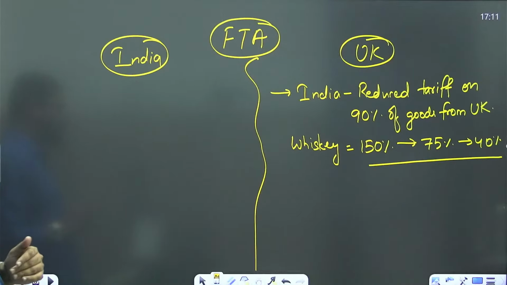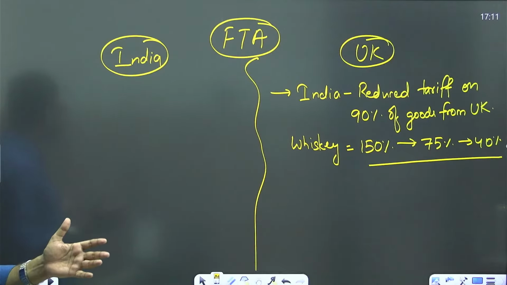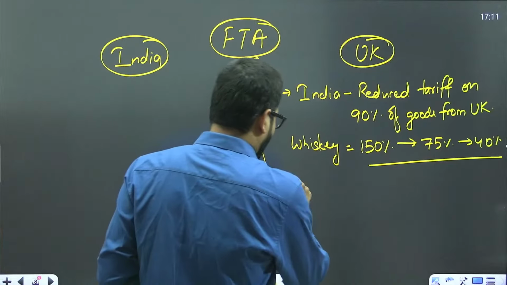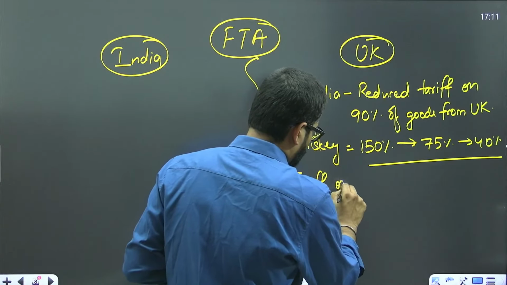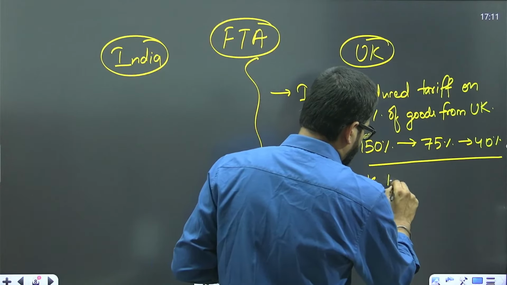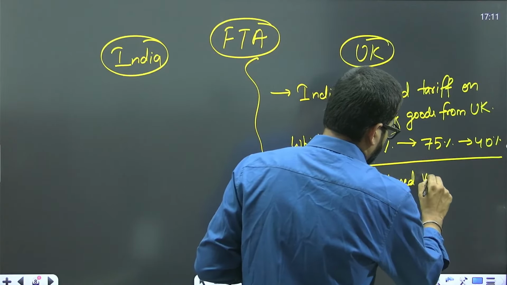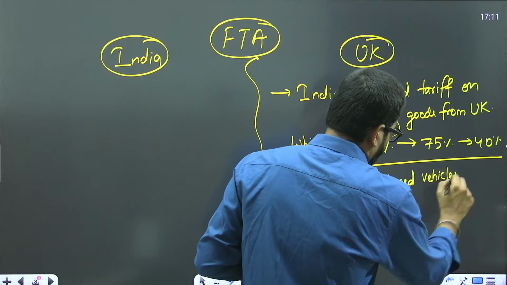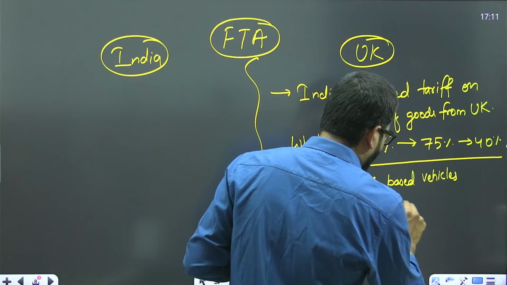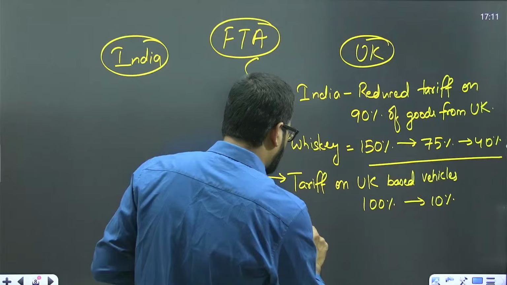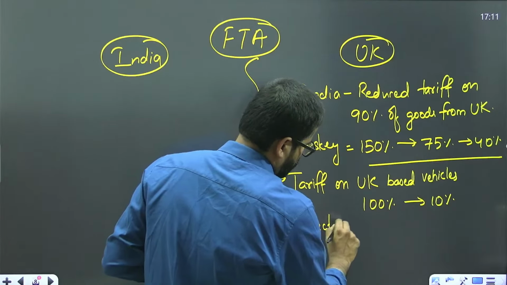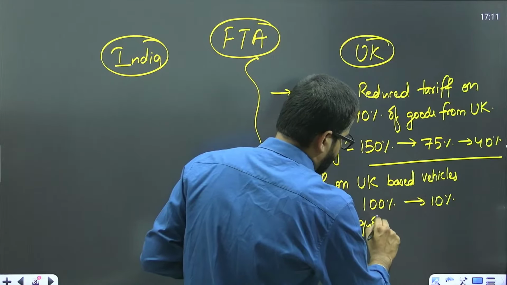So that is one part which we see. Then we have the tariff on vehicles from the UK. That is also going to come down from 100% to 10%, but it is subject to a quota limit.